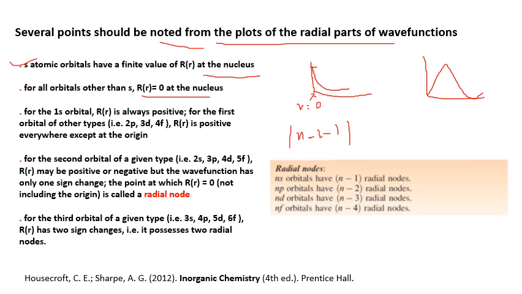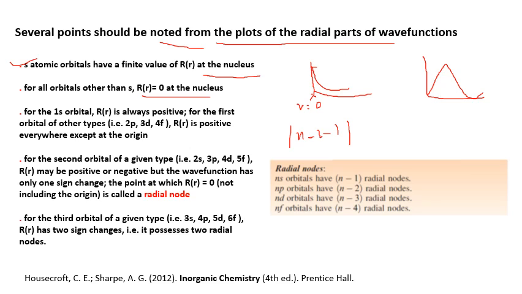You put in the value of n and the value of l, and you will get the radial nodes. For a specific orbital, if you include the value of l, for an s orbital it is n minus 1, for a p orbital n minus 2, for a d orbital n minus 3, and for an f orbital n minus 4. Depending on this radial node, the value will be positive in one quadrant and negative in the other.